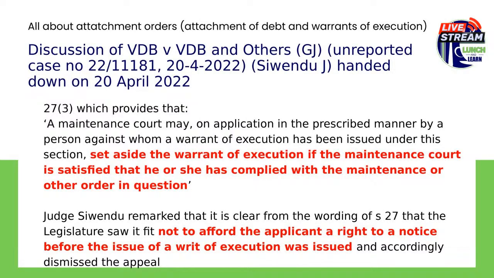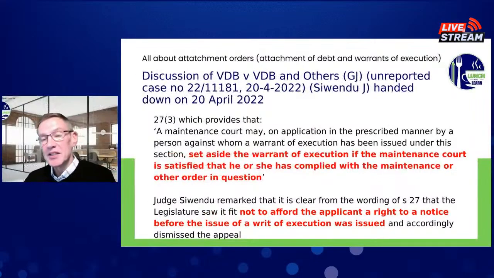So the arrear maintenance still needs to be paid before he could approach court. Now, the learned judge then remarked that it is clear from the wording of Section 27 that the legislator saw fit not to afford the applicant a right to a notice before the writ of execution was issued, and subsequently dismissed the appeal.